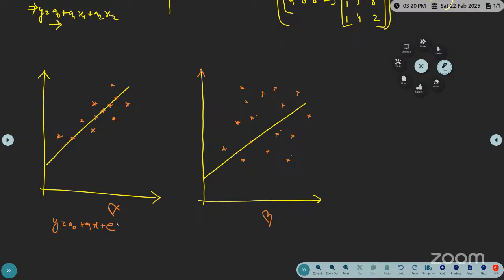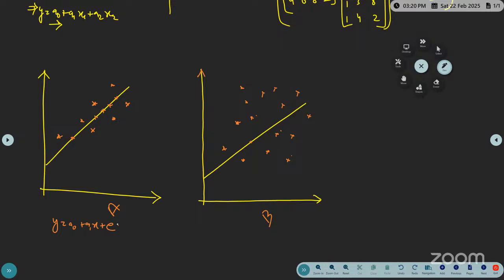Even in the morning I told you that after a point, the error will increase, right? So after calculating, there are some formulas for identifying the error. In that scenario, we'll be calculating errors by changing the A0 and A1 values.